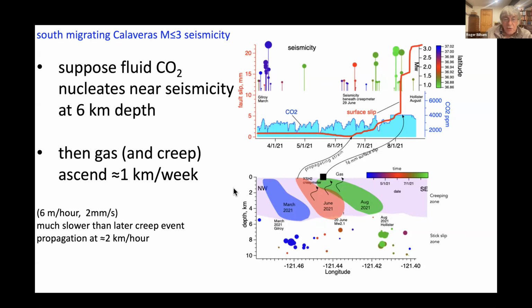In other words, these gases are arriving about 1 kilometer per week, which is equivalent to 6 meters per hour, which is a lot slower than the lateral propagation of dislocations responsible for creep on the San Andreas fault, which is about 2 kilometers per hour.